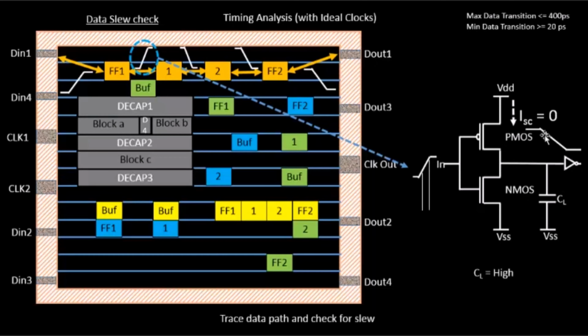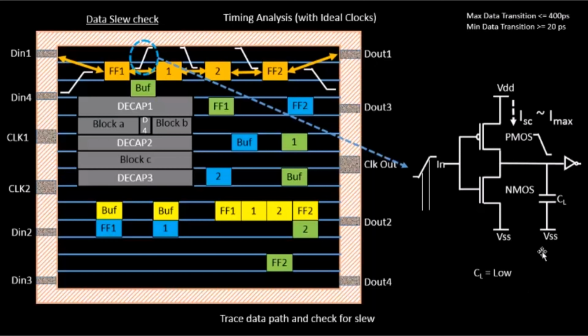Okay, now let's look into a different case where your output load capacitance is very low. Okay, so this is what I just explained, that during this area the next stage will have a huge amount of short circuit current. So let's look into a case where your output load capacitance is very low.